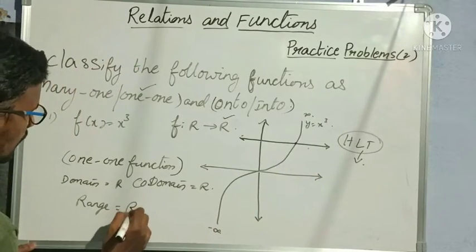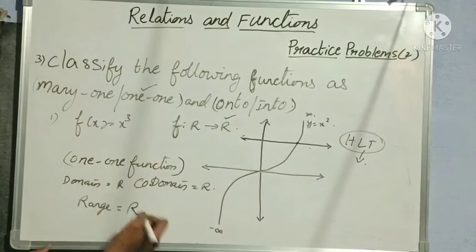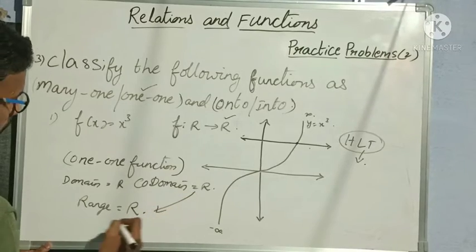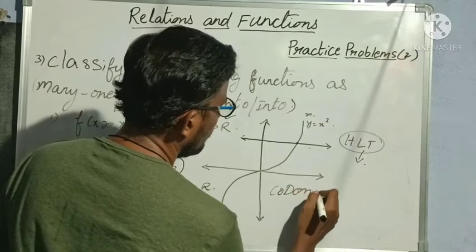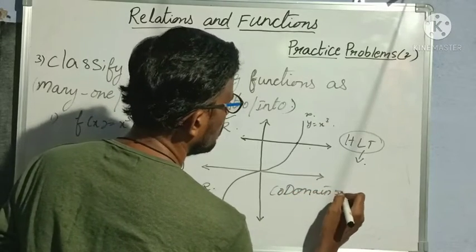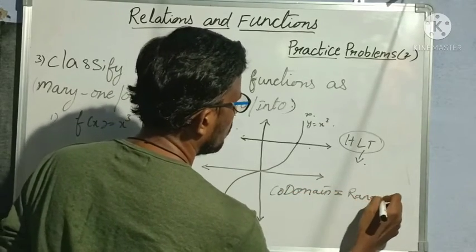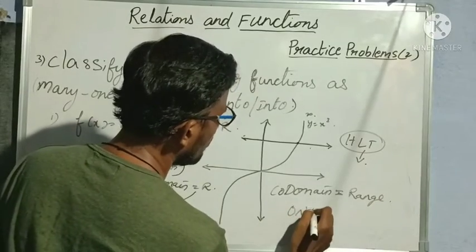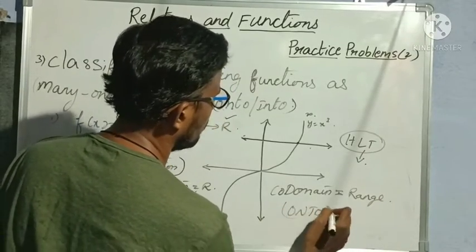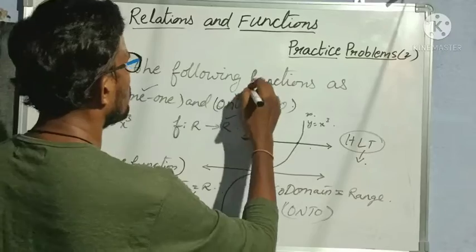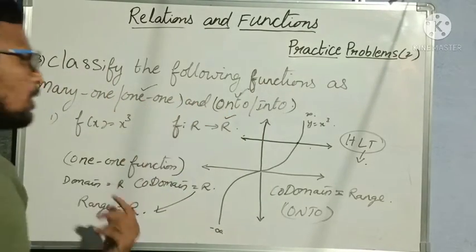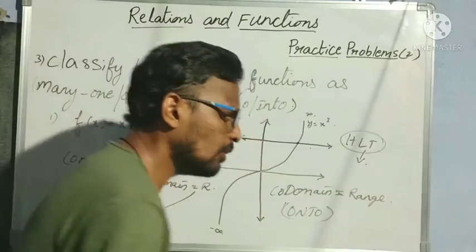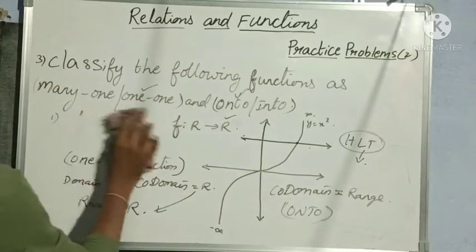So the range is also R. So when the codomain is equal to the range, this function is an onto function. Understood? This is how we have to know whether this is many one or one one, and onto or into. Very easy, no?